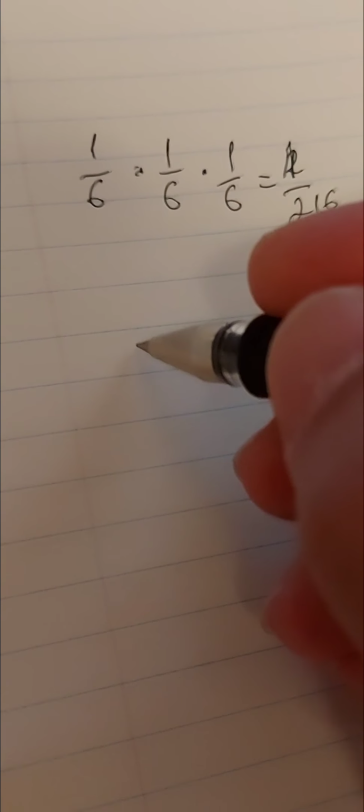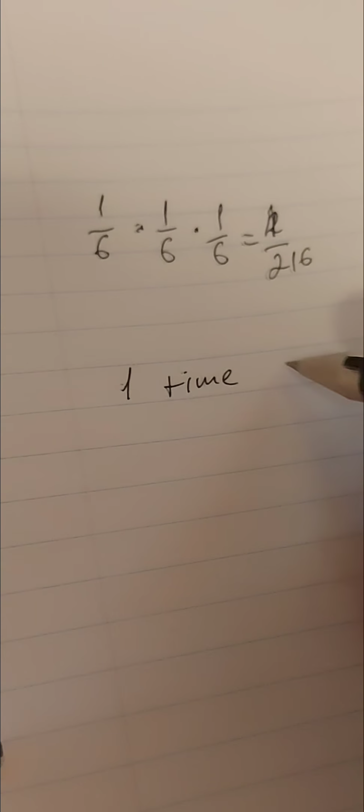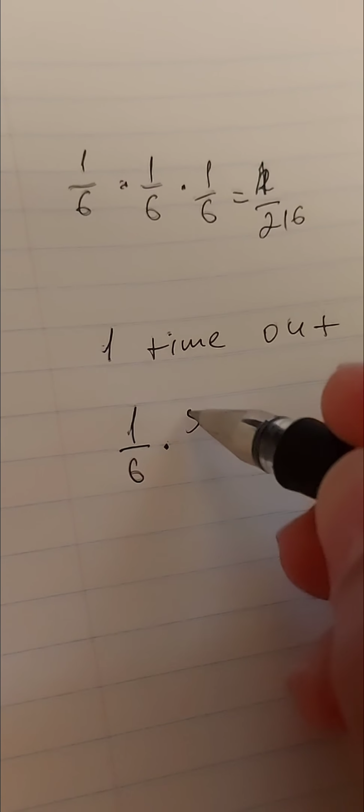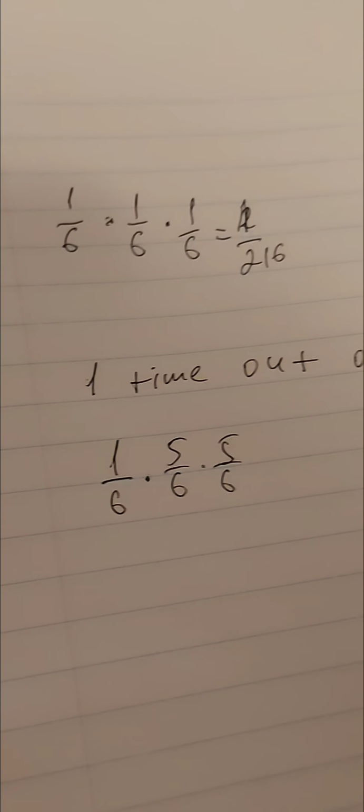So let's consider option 1. We roll 6 one time out of 3. Okay, so it means we have 1 out of 6, 5 out of 6, 5 out of 6, right? But this is the case when we roll 6 on the first roll.